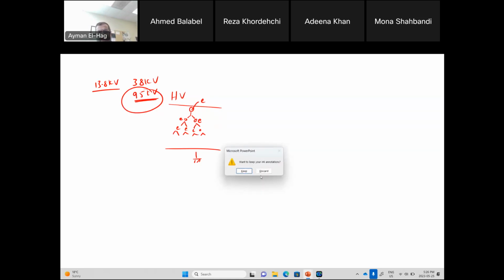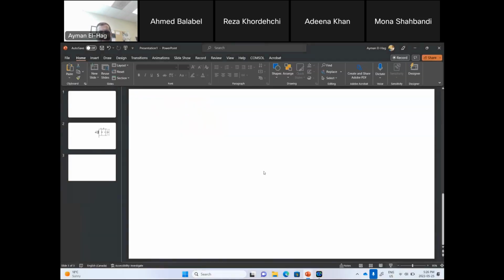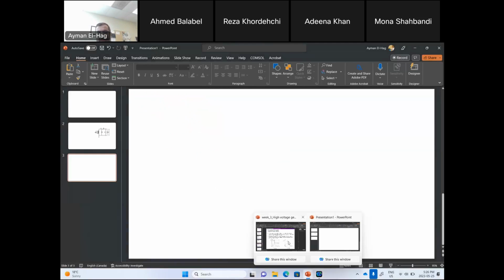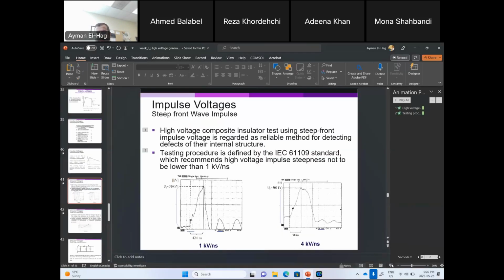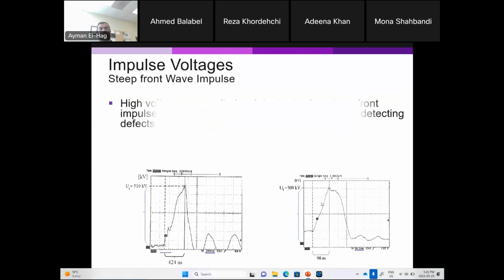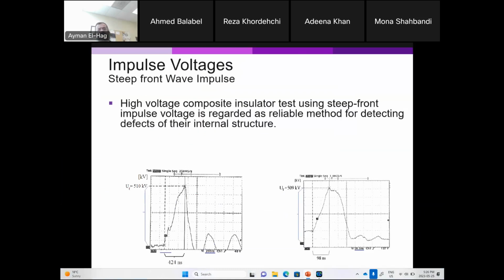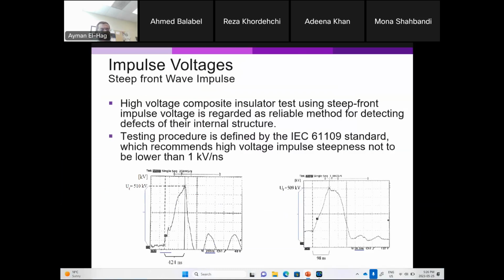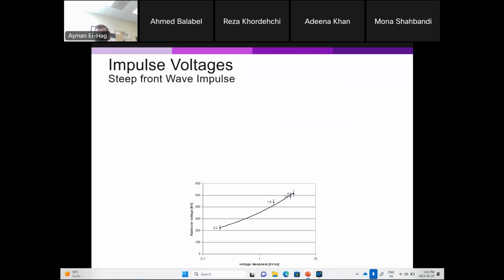As I said, this is oversimplifying it, but this is just to explain the idea of why, when we have a very steep front, this is to avoid any external flashover. And if there is an internal defect, then it can be detected without having an external flashover. You can see here, as you increase the steepness, you will need higher voltage to have an external flashover.